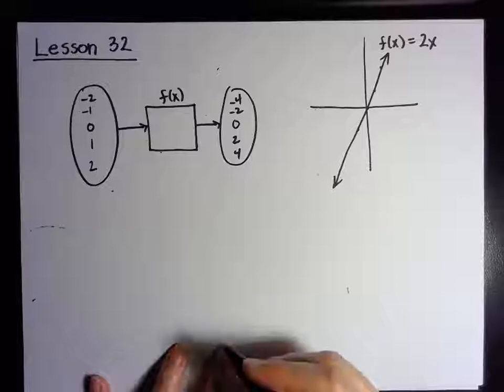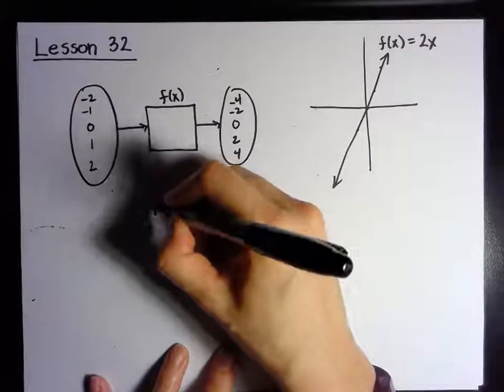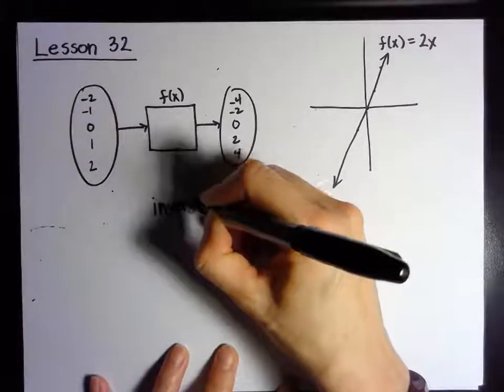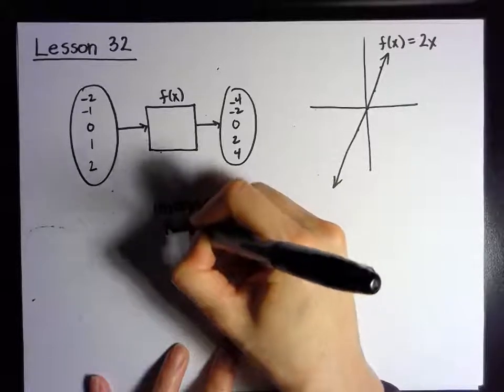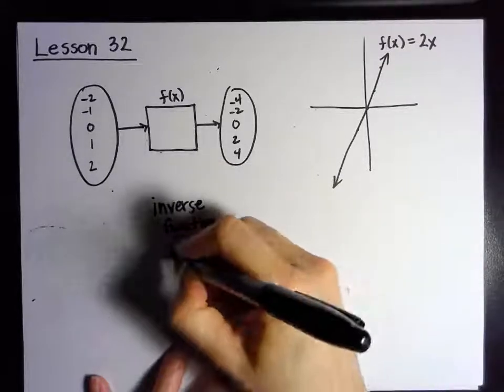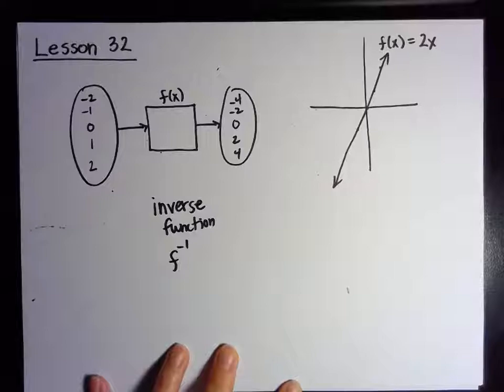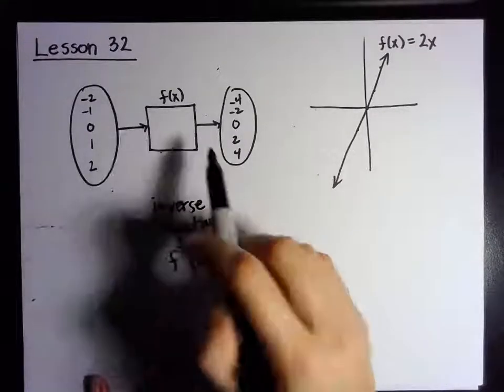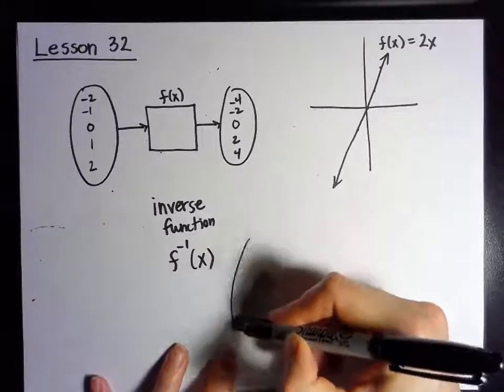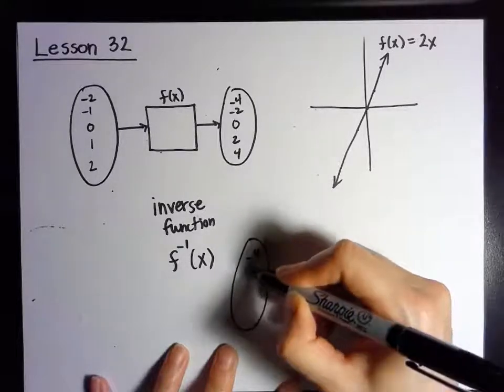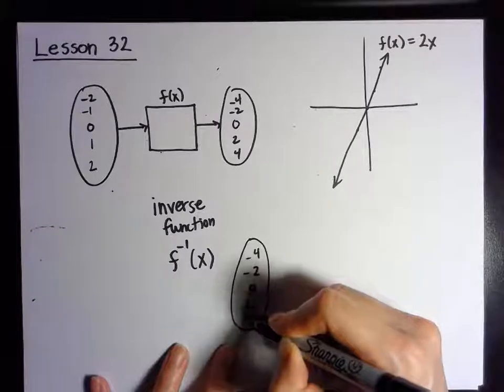Okay, so an inverse function, and we denote that with this little -1. With the inverse function, what we want to do is reverse the direction. We want to take these values, like the -4, the -2, the 0, the 2, and the 4.